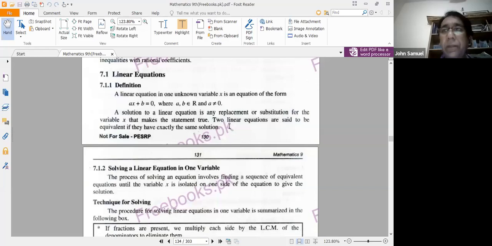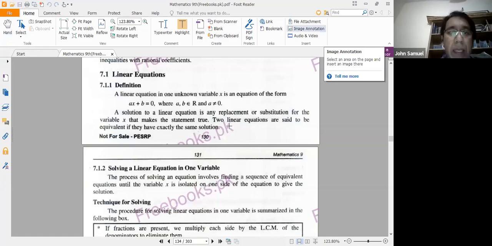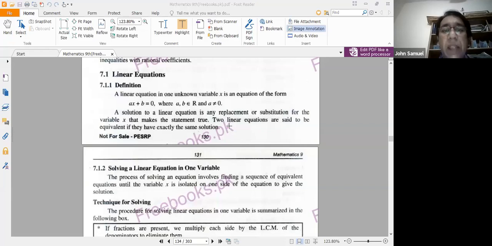My dear, a linear equation in one unknown variable, and that unknown variable is x, is an equation of form ax plus b is equal to 0, where a and b belongs to rational numbers.